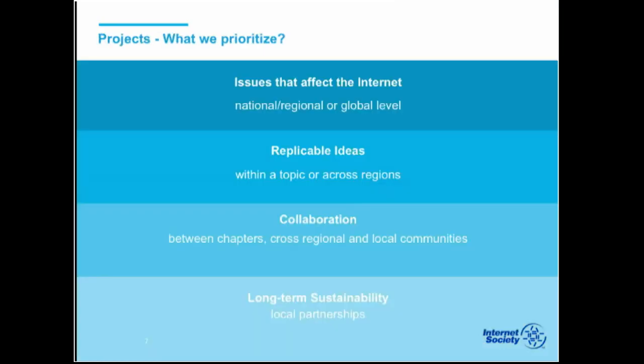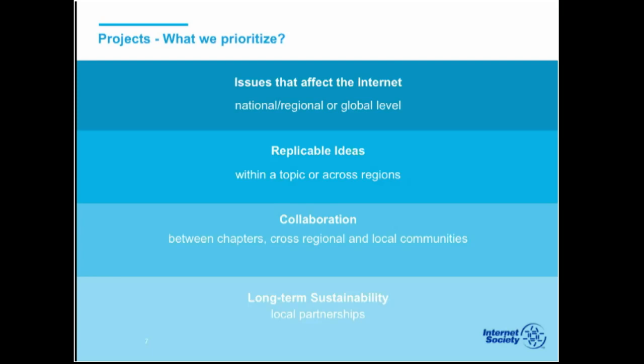Then what do we prioritize in projects? So, as I mentioned, issues that affect the internet at the national, regional, or global level. Then ideas that can be replicable in other places across the world.